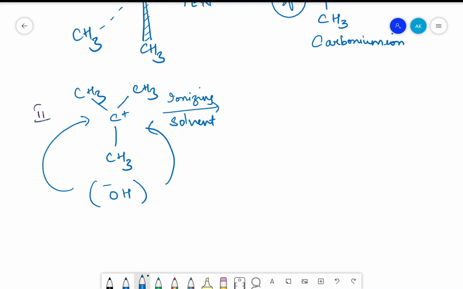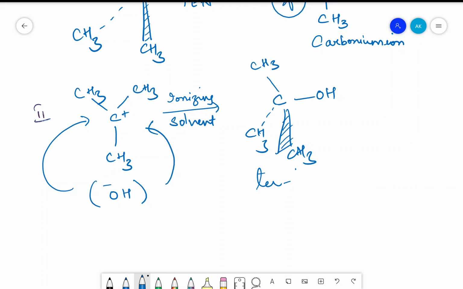There is no backside or frontside attack, and this results in the formation of alcohol, and there is no Walden inversion seen here, no reversal of configuration. We'll get tertiary butyl alcohol as your product.